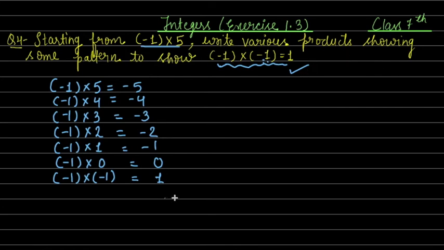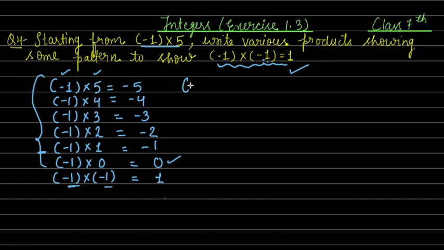So what is your conclusion from here? Two negative integers, when you have multiplied them, is making what? A positive integer. And when you are multiplying a negative integer with a positive, as you see in all these cases, your result is coming out till here negative integer. And for this we have a different statement, that any number to be multiplied with 0 is always 0.